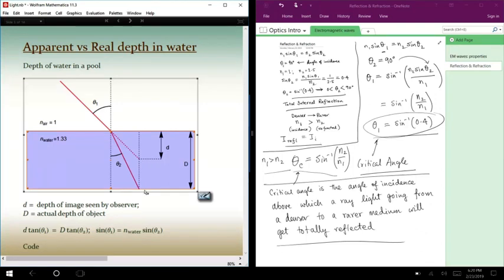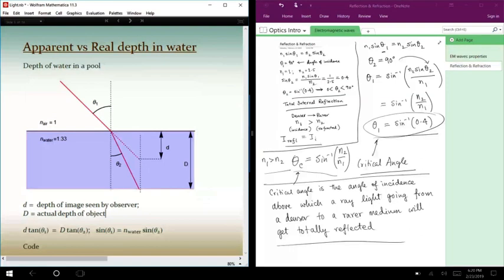So as if you will see an image of this point at the bottom of the pool to be at this point over here, where the rays of light seem to be coming from, right? So that tells us that you will see the depth of the pool, or an object at the bottom of the pool, would appear to be much smaller than it actually is.